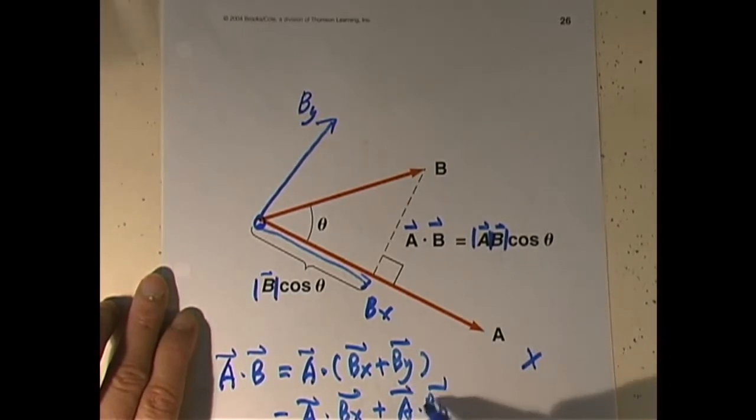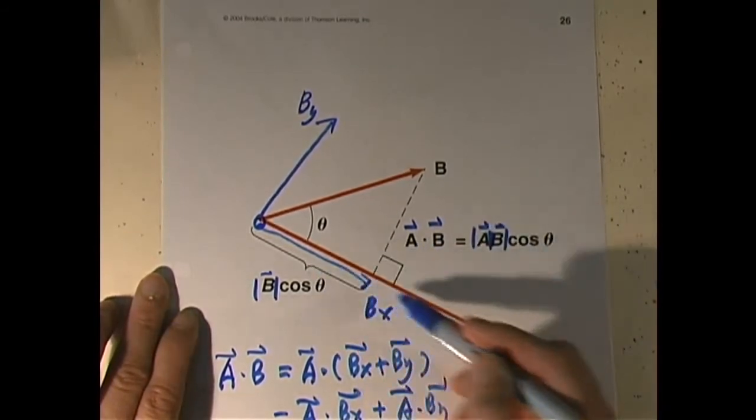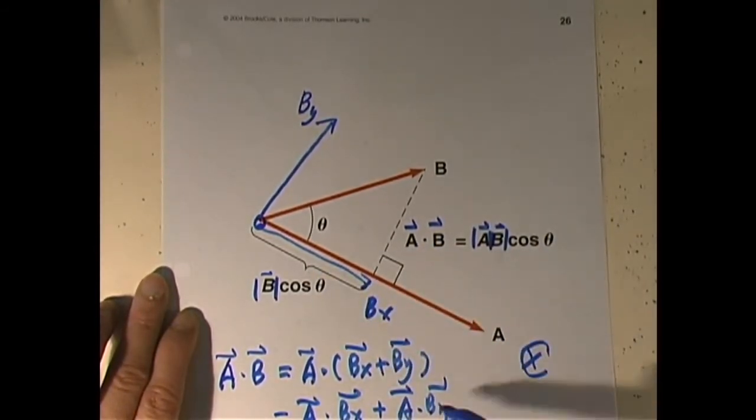Now the a dot by term will be 0, because the definition is this one's magnitude and that one's magnitude times cosine of the angle between them. Since a is along the x-axis and by is along the y-axis, there is a 90 degree angle, so this term is gone.